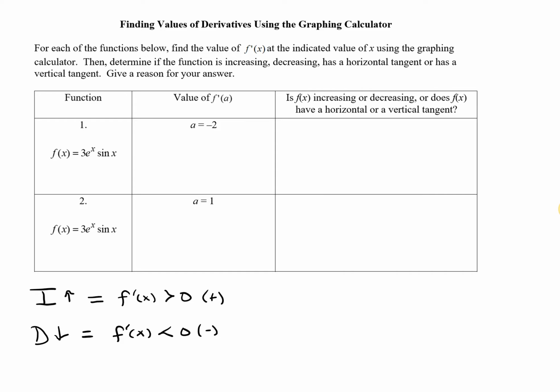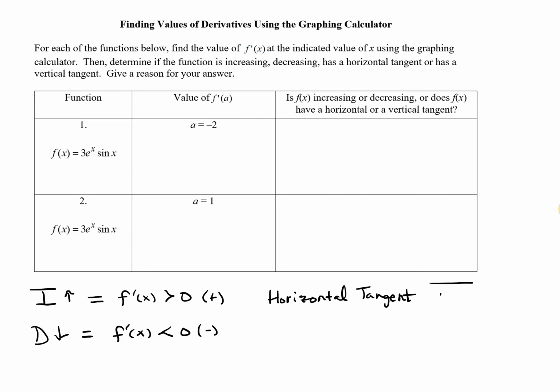Now, what does it mean if it has a horizontal tangent? Think about it. Horizontal tangent, straight line, slope is 0.